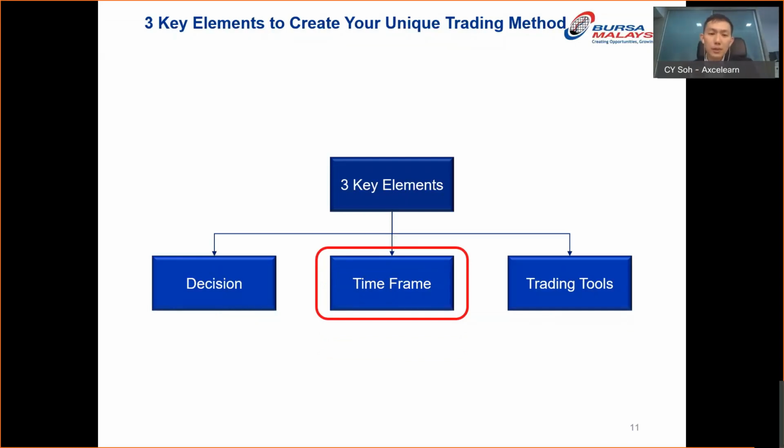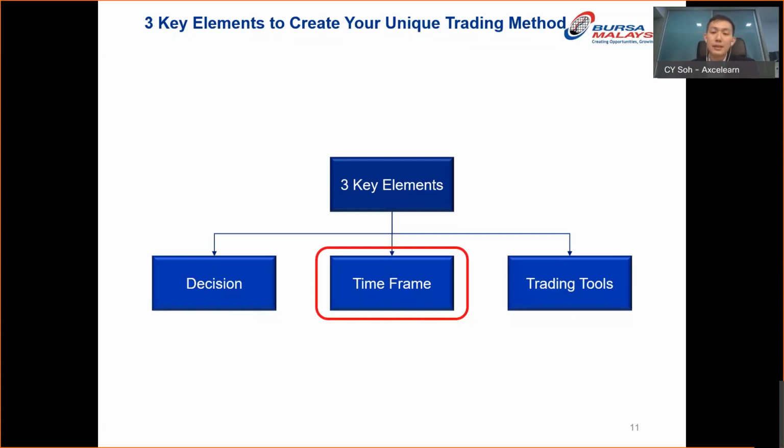So most people misunderstand the time frame in trading. The majority of people look at which time frame of chart to use, whether they should use a 5 minute chart or 10 minute chart to decide their trading strategy, but they ignore their own personal time frame. Later on, I will be sharing with you how you are able to fit your personal time frame into your trading, because I believe most of you are actually trading part-time only, not really full-time.